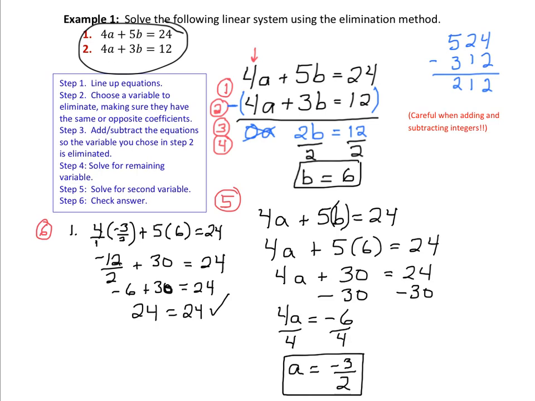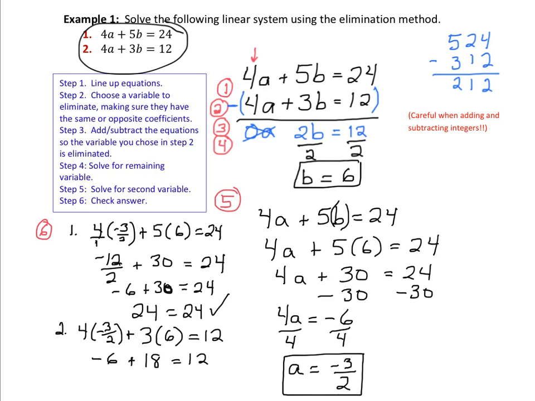Let's check the second equation here. So we have 4 times negative 3 over 2 plus 3 times 6 for b equals 12. So the 4 times negative 3 over 2 is going to be the same as the above, so it just will equal negative 6. And 3 times 6 is 18, so plus 18 equals 12.